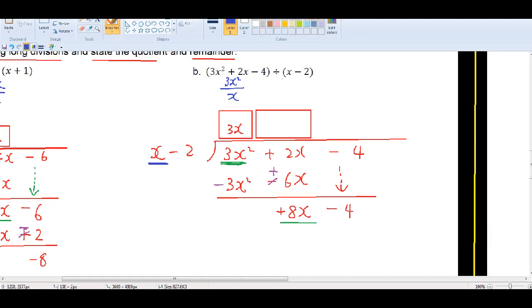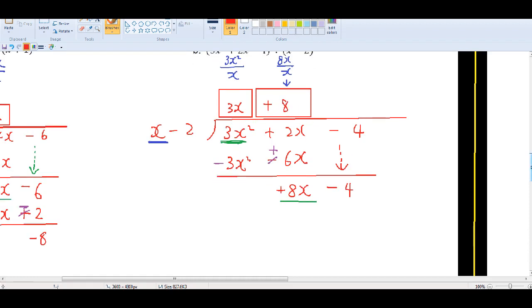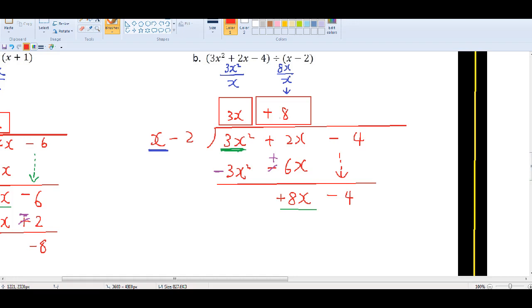So you use 8x divided by x, and you get positive 8. Remember to write plus 8 here. Use that plus 8 to multiply x and then minus 2. Then you will have 8x and then minus 16.